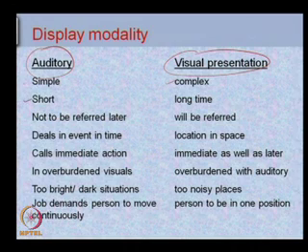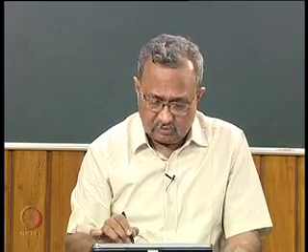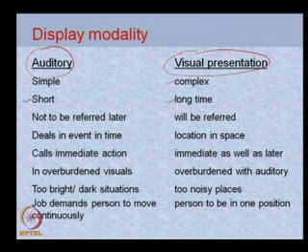Auditory is for very short duration, short information. With long auditory matter, we cannot retain it for a longer time, but for a long time requirement, visual presentation is necessary, because you can refer back to it. Auditory signals are better when not to be referred to later, but when it requires to be referred to later, then visual presentation is important.